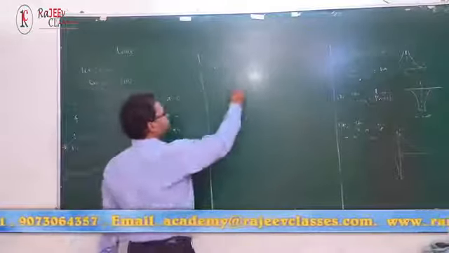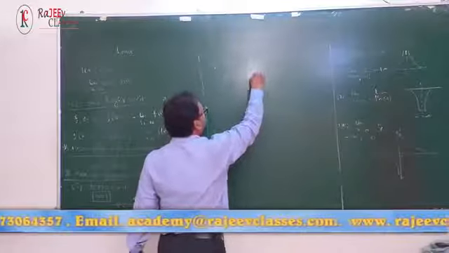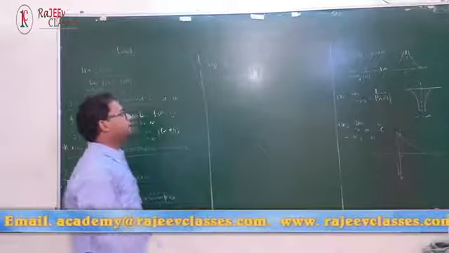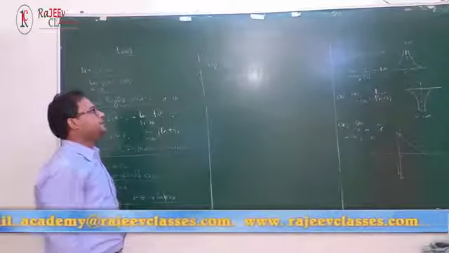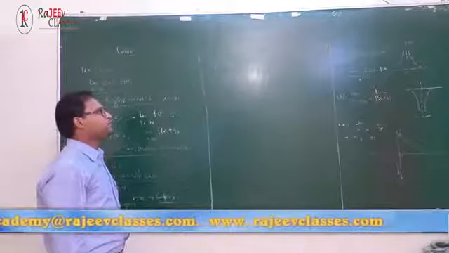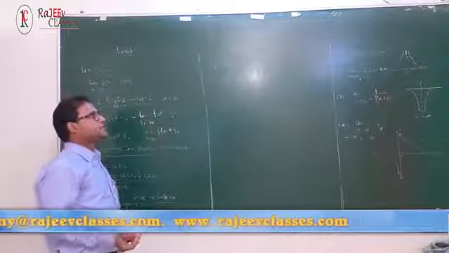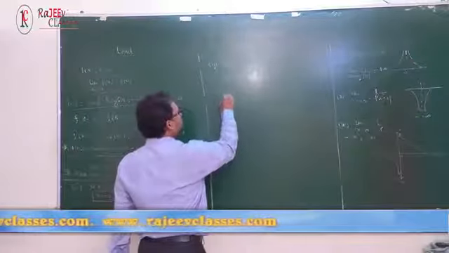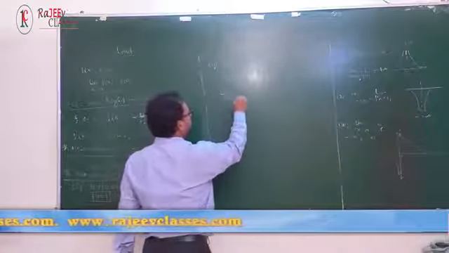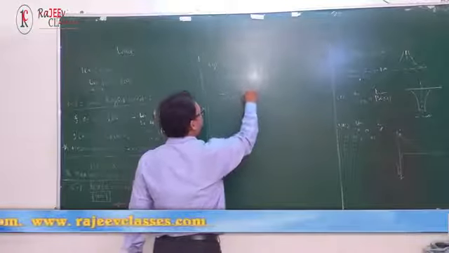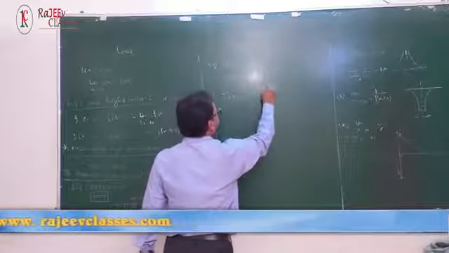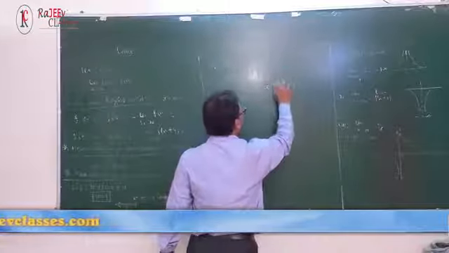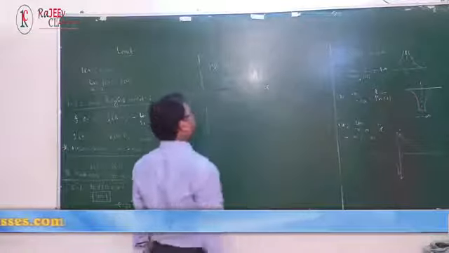When we take any value which is less than pi by 2, in that situation also, in case of the left hand limit, we have sec inverse of sin of pi by 2 minus 0. Again it is sec inverse of some quantity which is less than 1, and again sec inverse is not defined. That means the limit as x tends to pi by 2 minus of sec inverse of sin x does not exist.